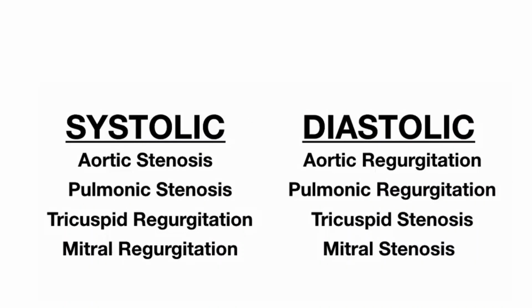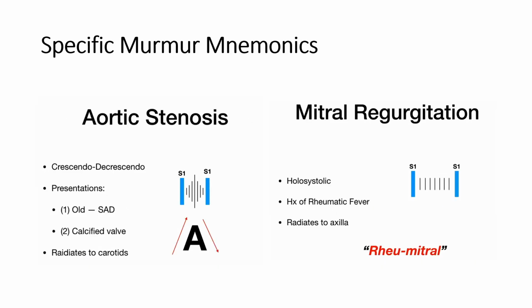Then we have this. These are just specific murmur mnemonics. In aortic stenosis, you have increasing and decreasing amplitudes.